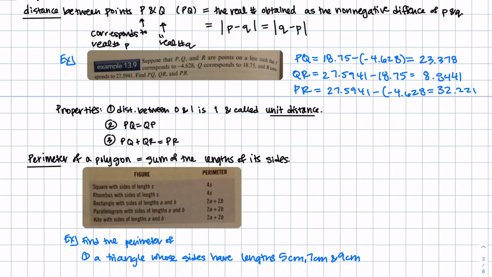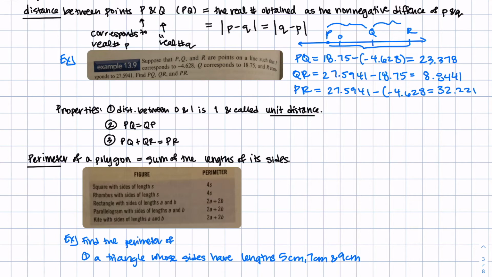Another property that we can notice from this example is that if I look at this real number line, we have that P is around negative 4.628, and then Q is kind of the next point, and R is the last point here at 27.59. And what we can see if we were to do out the sum is that the distance between P and Q plus the distance between Q and R should be the same as the distance between P and R.